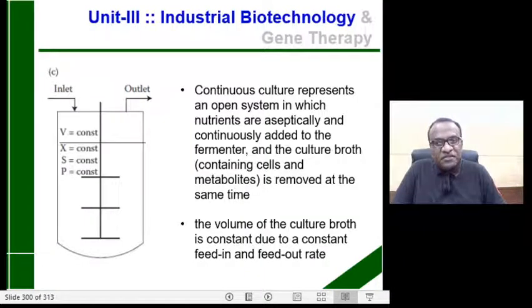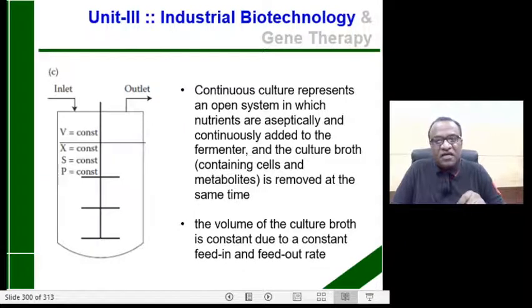Now the continuous culture represents an open system in which the nutrients are aseptically and continuously added to the fermenter, and the culture broth, which contains the cells and metabolites, is removed at the same time.